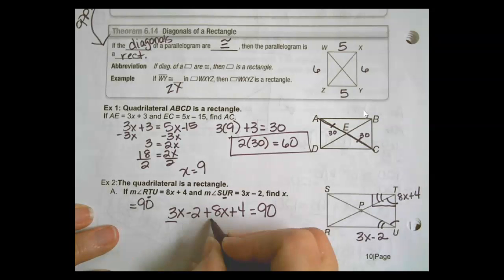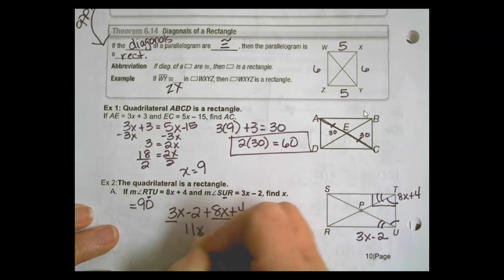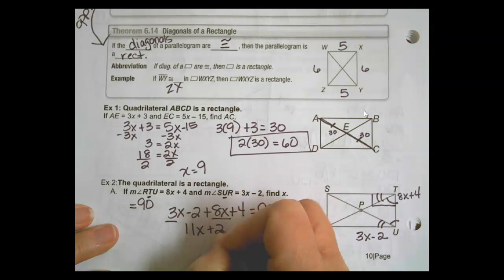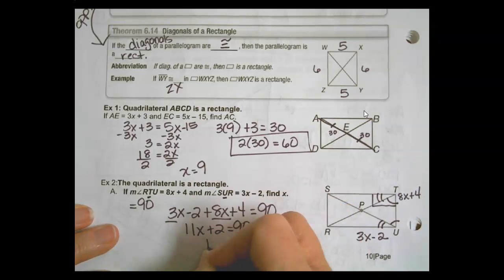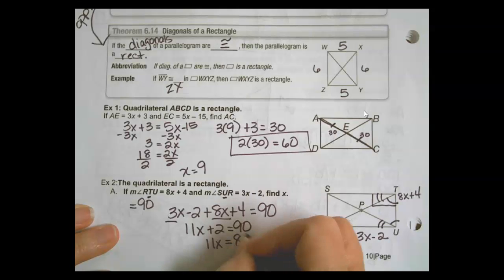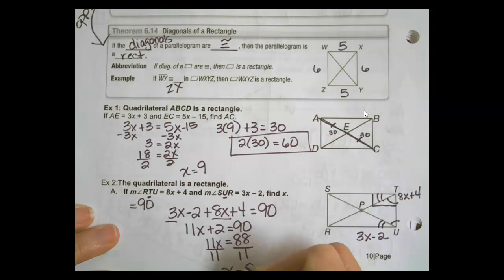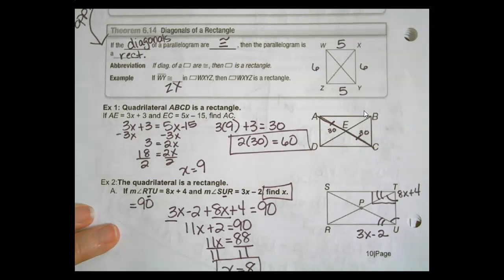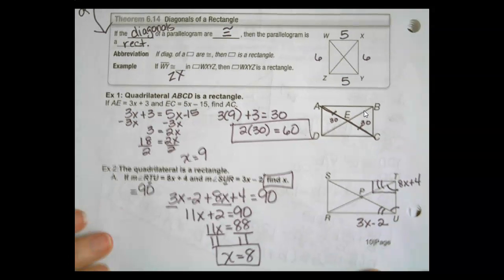So now we're going to combine our like terms. Plus 2 equals 90. 11x equals 88. As you can see, I'm probably taking a lot of shortcuts. So this one said find x, and we found x to equal 8.